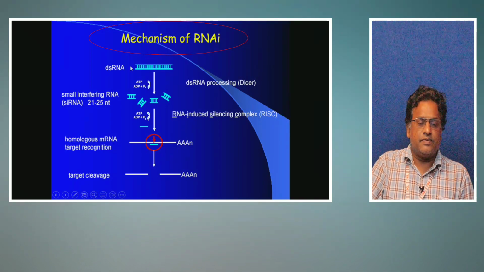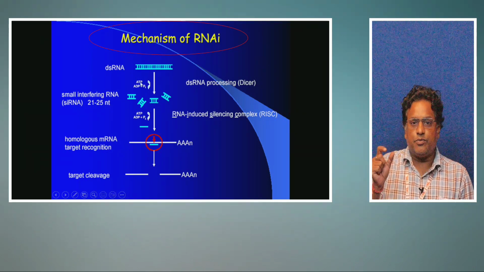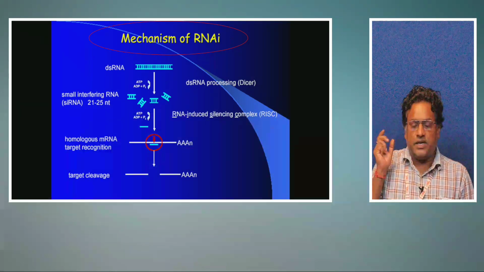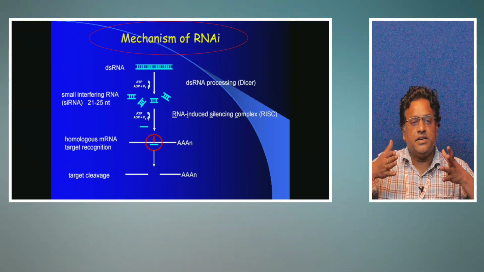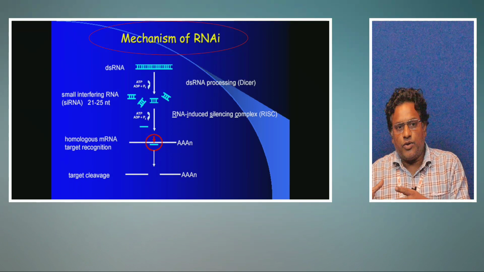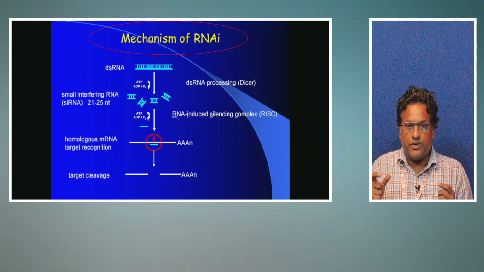So what's the mechanism of RNA interference? That's why you call it RNA interference. The double-stranded RNA has to be broken down into small pieces by an enzyme called Dicer, which cuts the dsRNA into small fragments 21 to 25 nucleotides long.